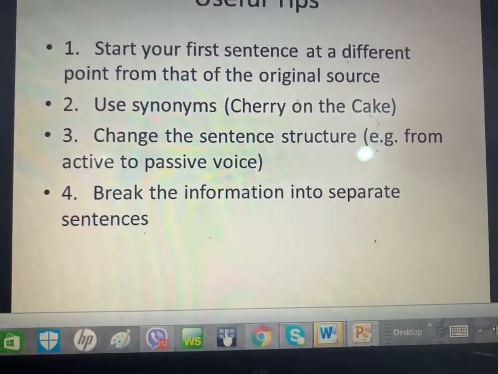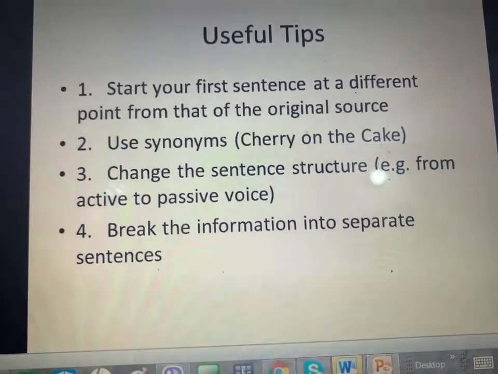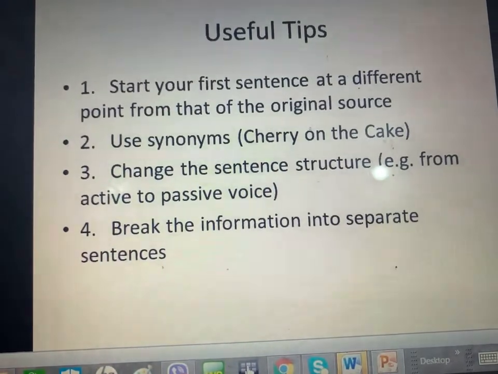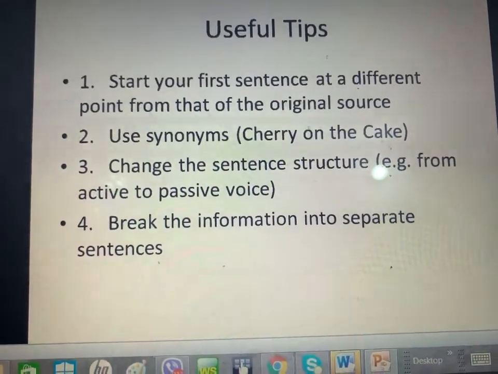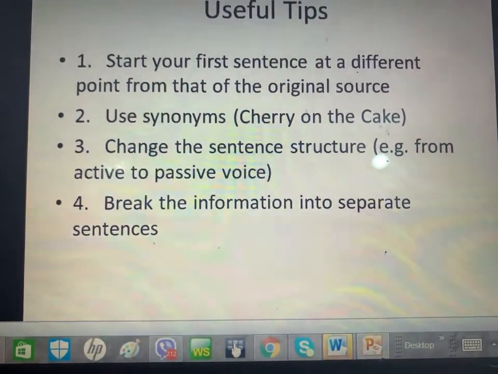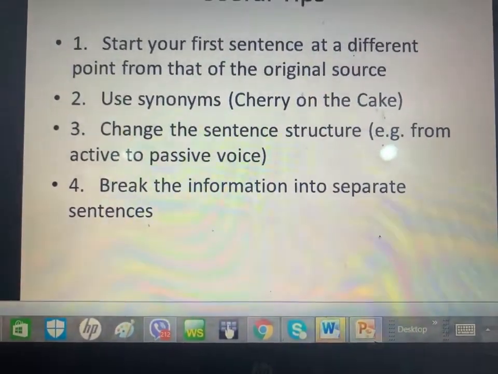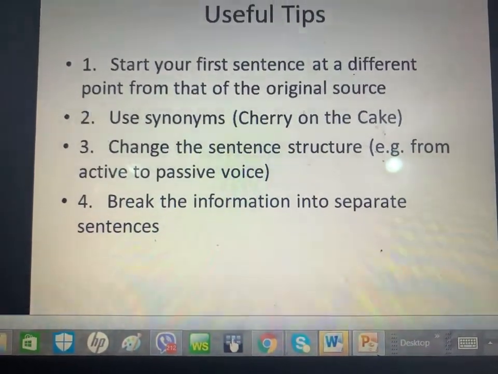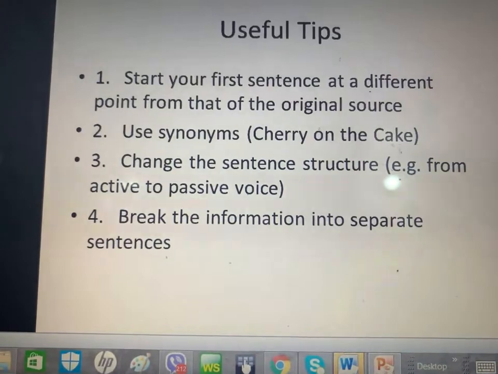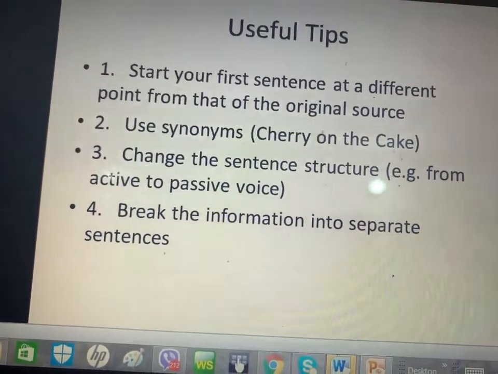Important tips. Look here. Is paraphrasing about only changing the words? No, of course. It's about changing structures. You should change the structure of the sentence. You should change the start of your sentence. You break information into shorter sentences, or, as I said, you elaborate, or, for example, you condense information.